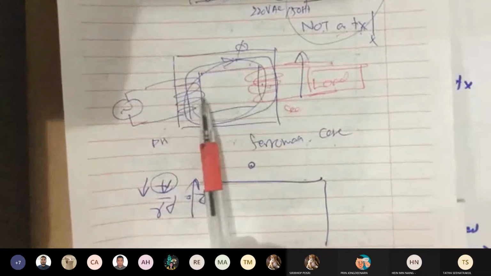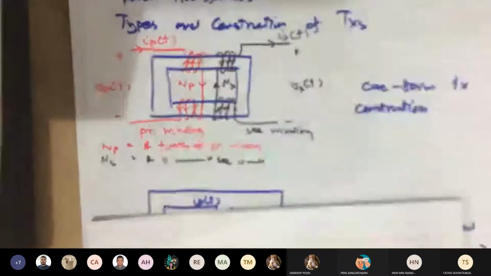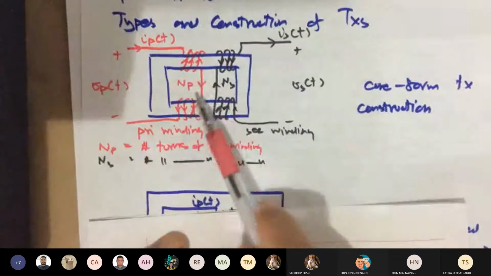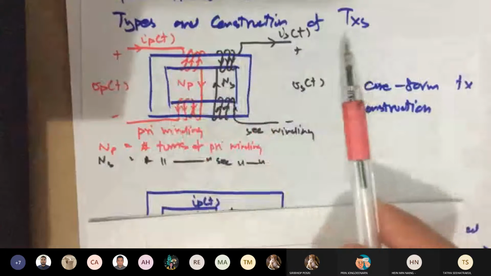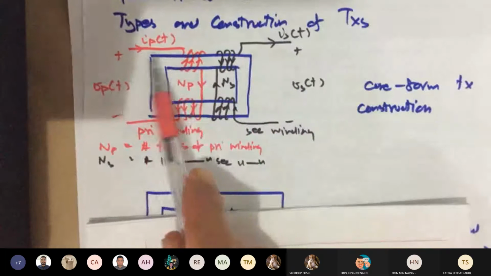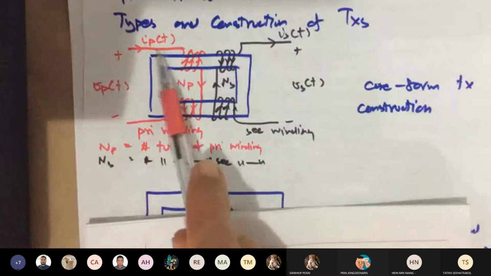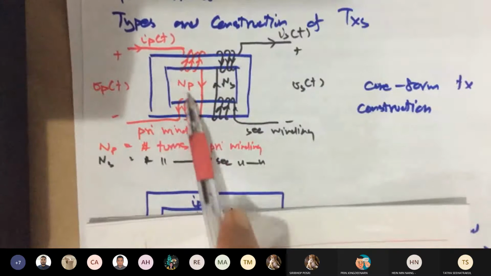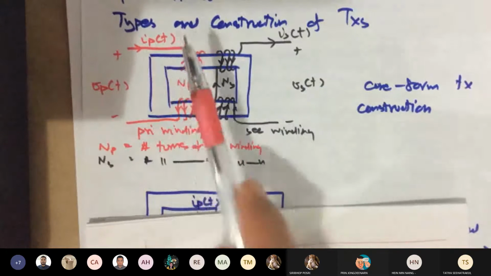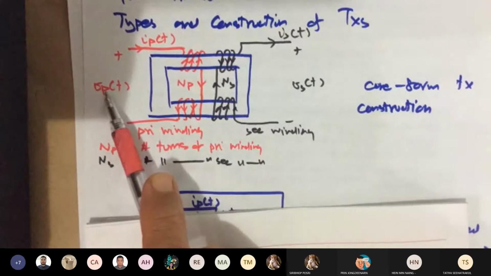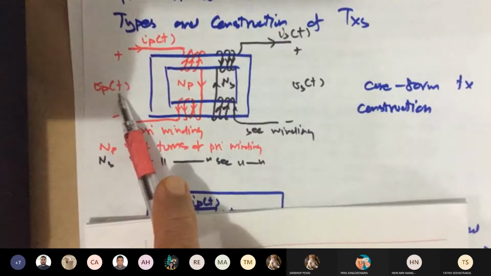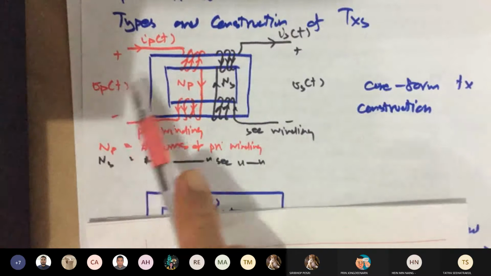A more practical construction will look something like this, which minimizes the losses along the core. Basically, there are two sets of windings. The red winding is connected to the source voltage, v sub P as a function of time, which is AC.